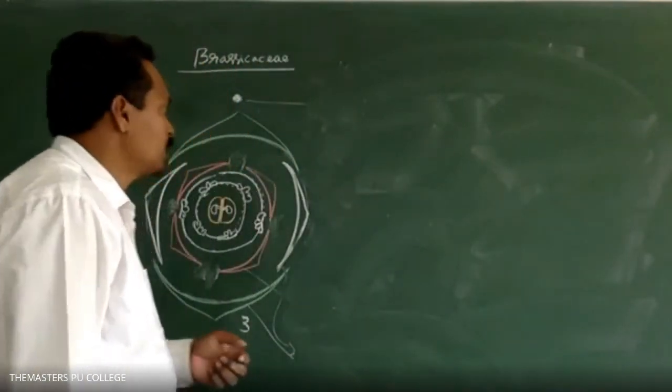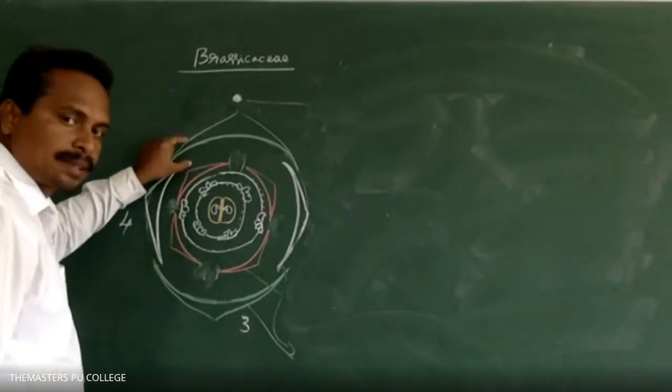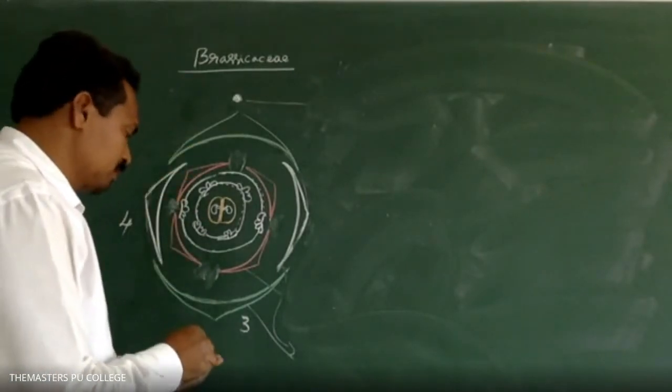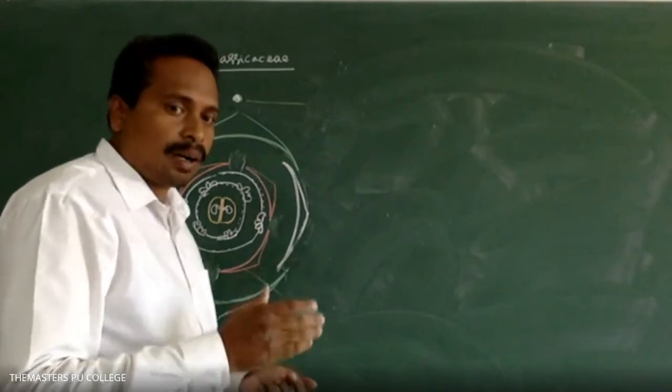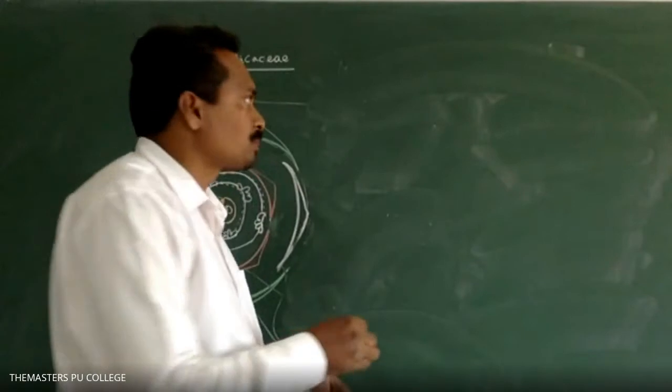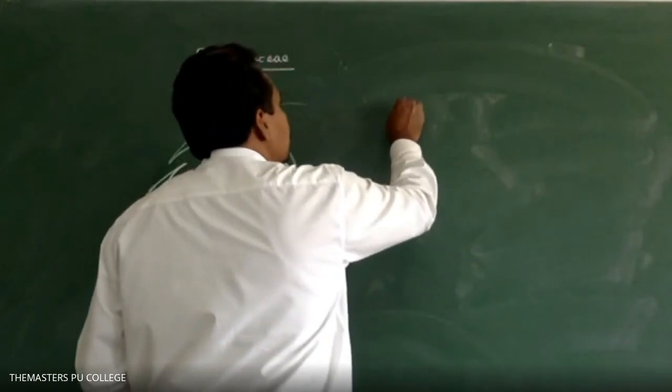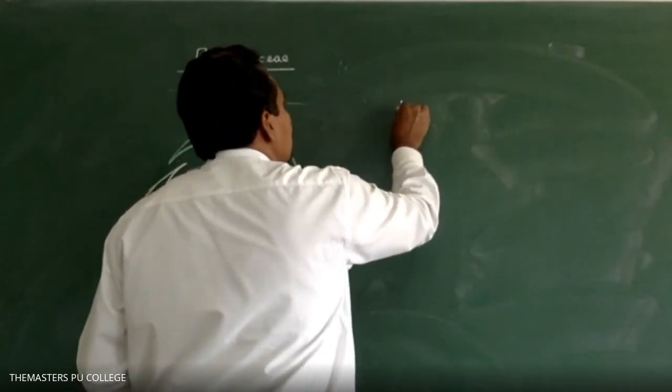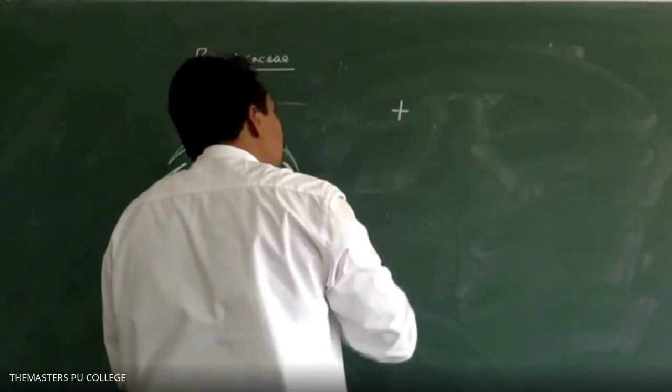Right. In mustard plants, the flower diagram, the flowers are actinomorphic. Actinomorphic flowers are denoted by the plus symbol inside the circle.